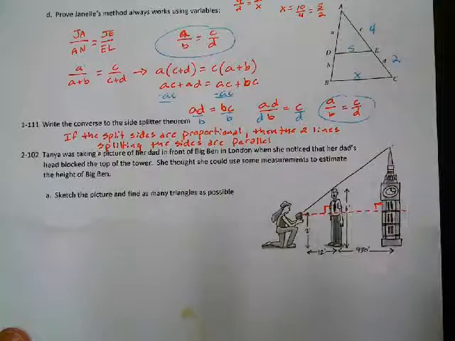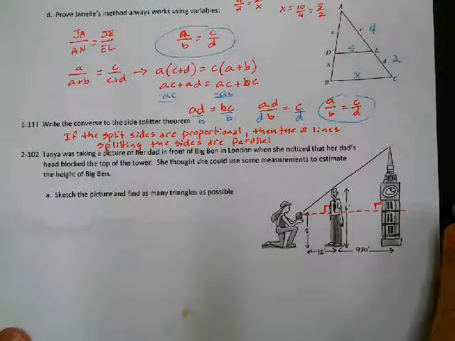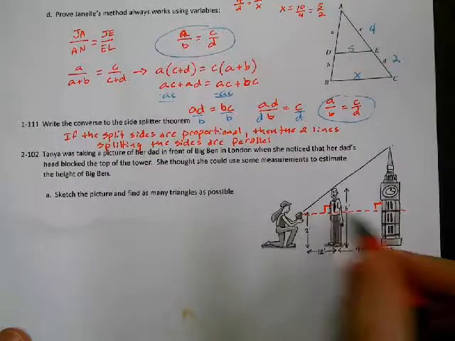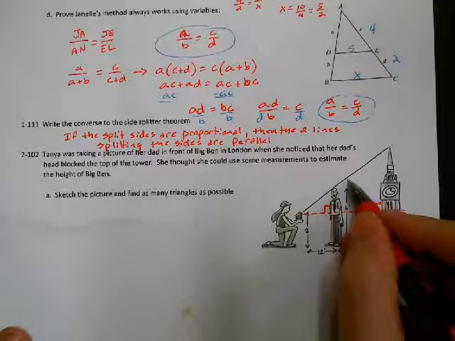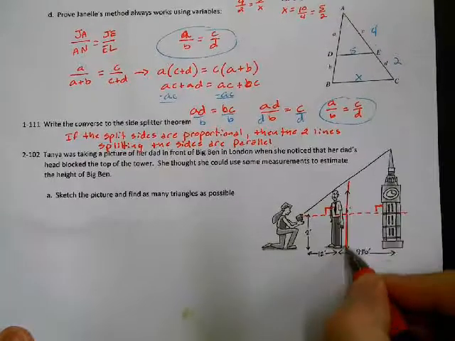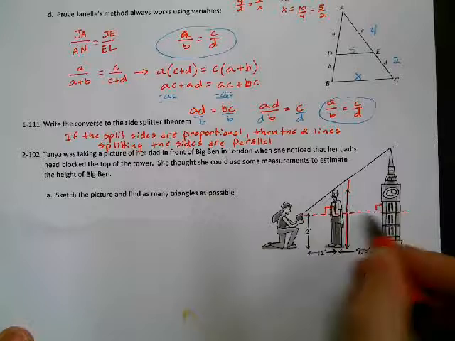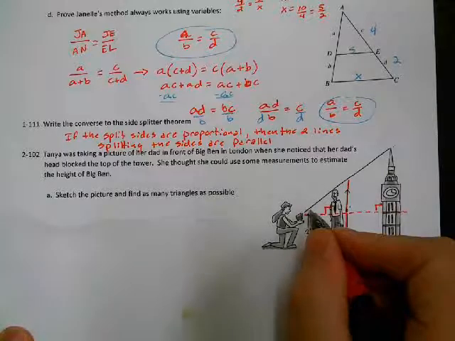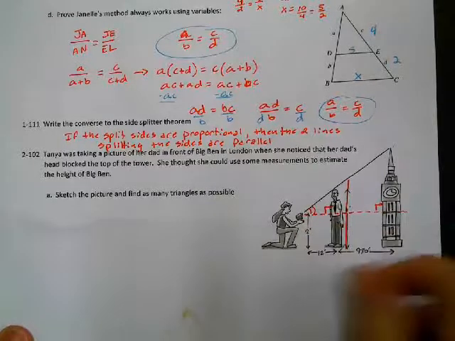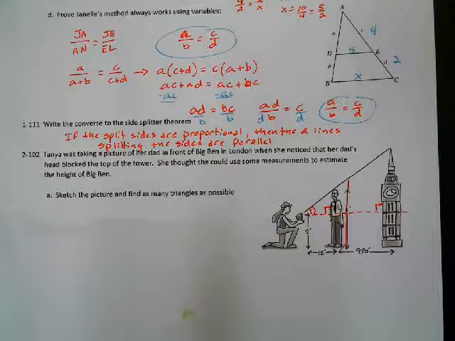So it looks like we've got an angle here, an angle here. So this would be a small triangle right here. And then we've got a bigger triangle over here. And now we know by angle, angle, those two triangles are going to end up being similar to each other, meaning they're proportional. So we are looking for Big Ben.